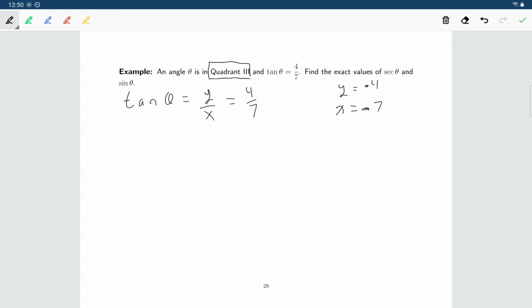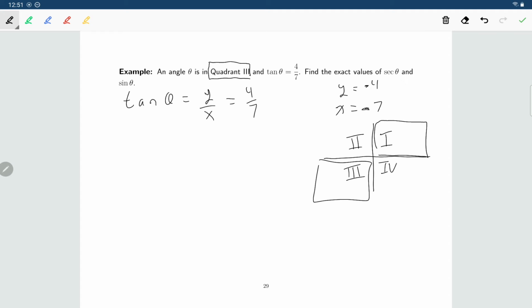But for this question, our angle happens to be in quadrant 3, and if we're remembering our quadrants, in quadrant 3, the x-coordinates should be negative, and also the y-coordinates should be negative. So that's how I know that it's not positive 4 and positive 7 for x and y. That would be if we were in quadrant 1.